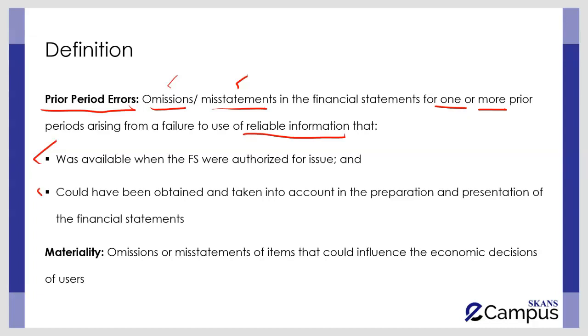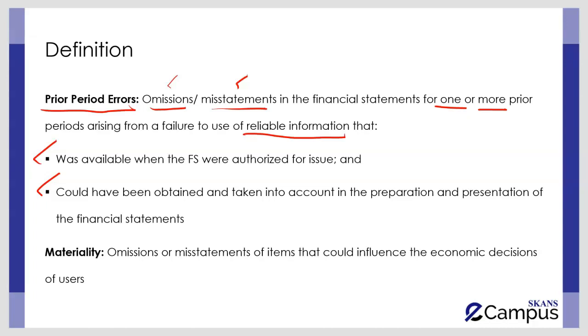And also it could have been obtained and taken into account in the preparation and presentation of financial statements. So if the complete accounting had been done, proper tracking of transactions had been done, this would have already been identified. But it was not identified, or it was deliberately left out like a fraud, then that is called a prior period error, and that is accounted for under IAS 8.